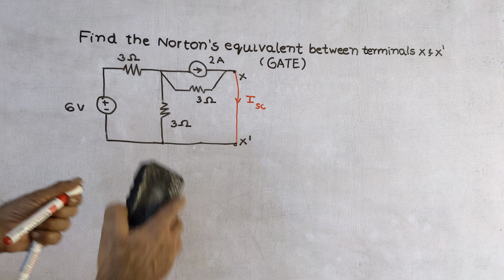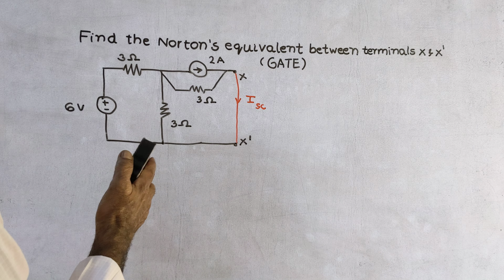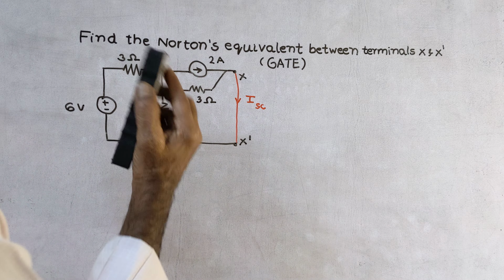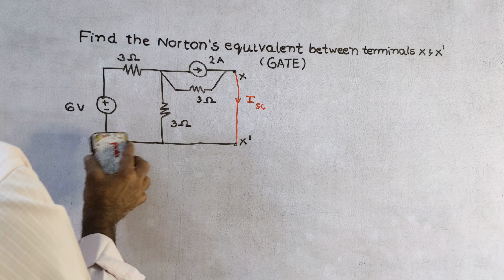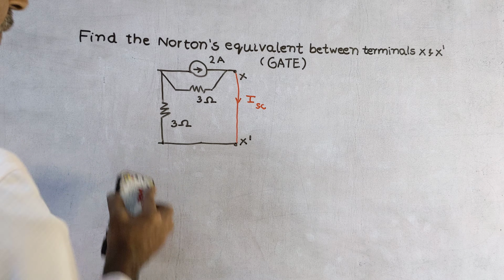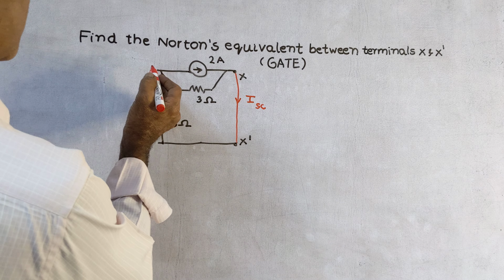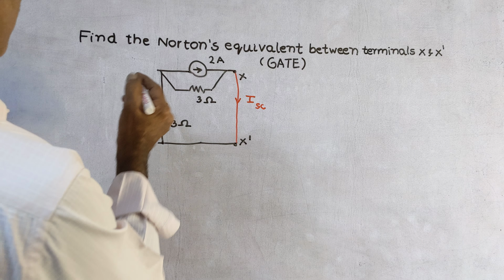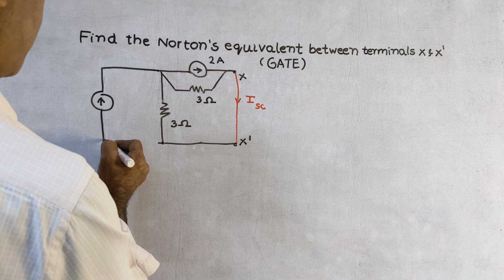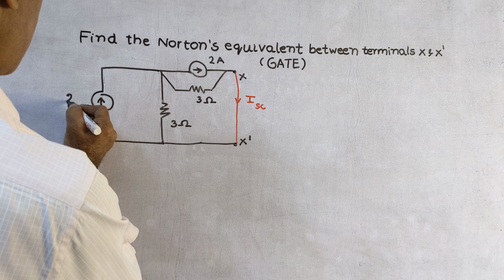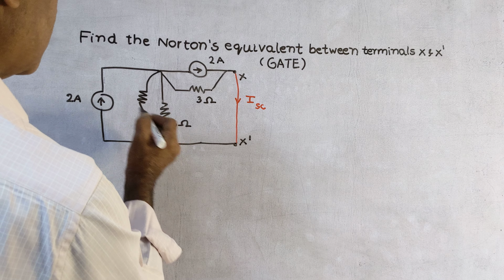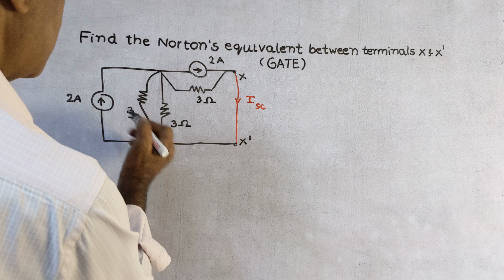So first I will do source transformation. 6 by 3 is 2 amperes, so 2 amperes in parallel with 3 ohms.